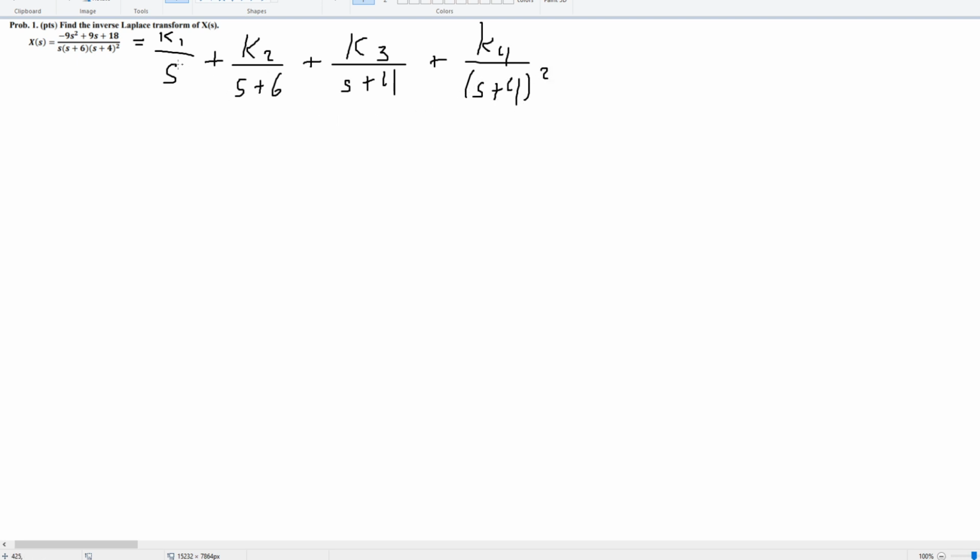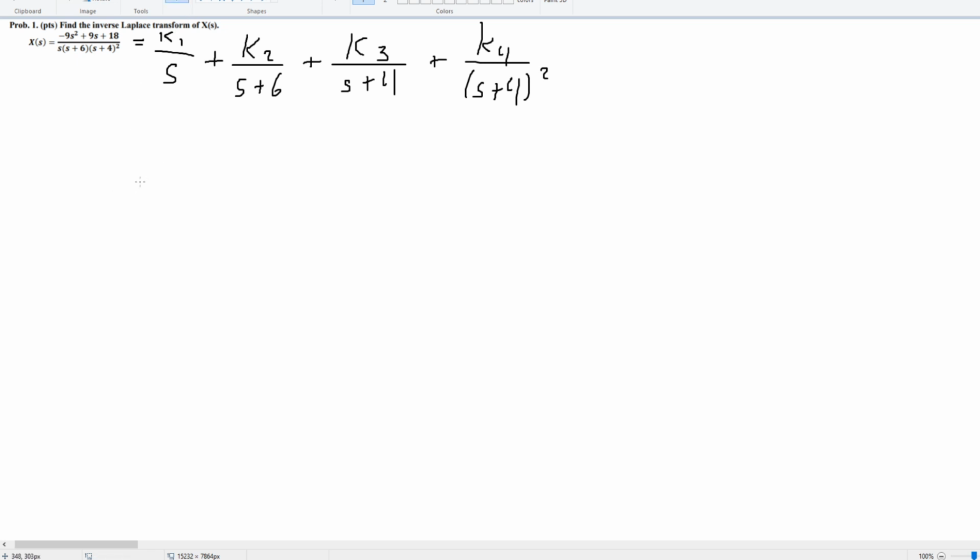Because if you have just one, then it's just going to be one constant. But if you have an s plus a number that's being raised to some exponent, you want to make sure you do as many constants as that exponent says. So if this was cubed, then there would be 3 constants here, k3, k4, and k5. But this is only being squared, so there's only going to be 2 constants that we have to find.